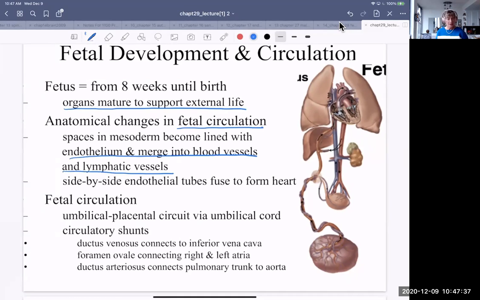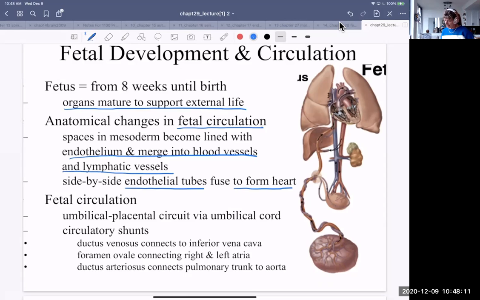So that's the endothelial tissue that merges and makes essentially tubes. And these tubes are the blood vessels and lymphatic vessels. And the endothelial tubes will fuse to form the heart. And the heart, as you will see, occurs very quickly. Yes, there are cases where the tail does not disappear before birth. There have been cases of births with a tail, which is surgically removed.